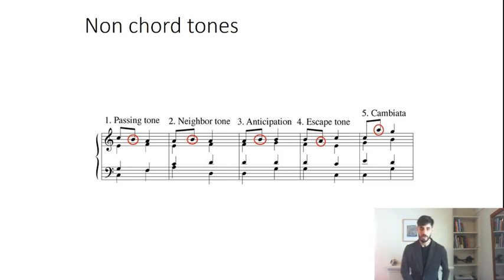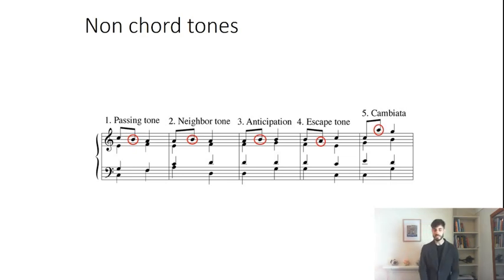And anticipation is when the chord tone moves slightly earlier than necessary to the note that it's about to move on to. So the chord progression in the third example is from D minor to G. And what the soprano can do in this example is move to that B a little bit early.